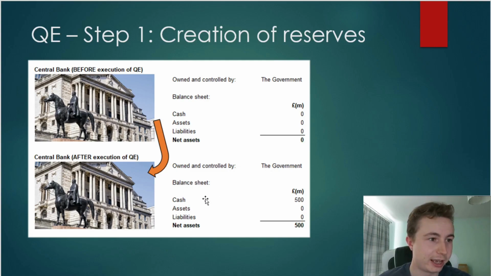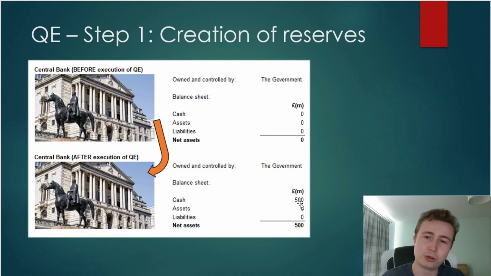So you'd have cash of 500 million, and you think, oh, how have they done that? Well, they've just made it out of thin air. They have created new cash, and the way they do this is simply, it's all electronic, isn't it? So they can just go to their keyboard and literally create new cash reserves.